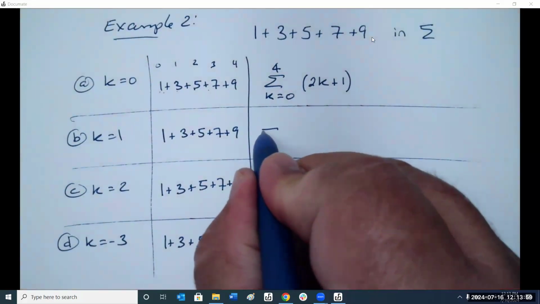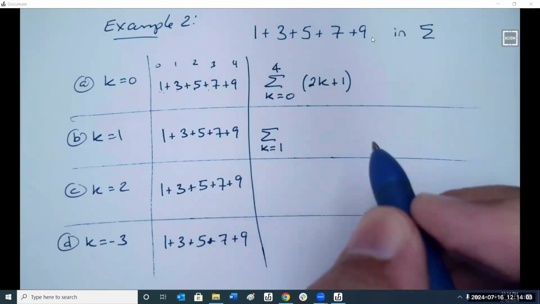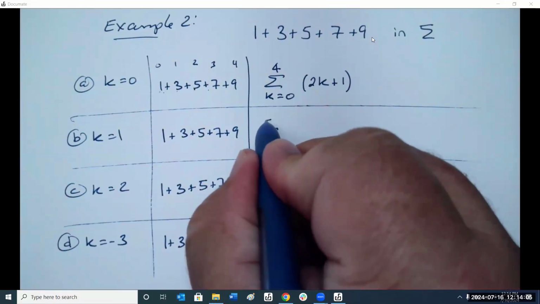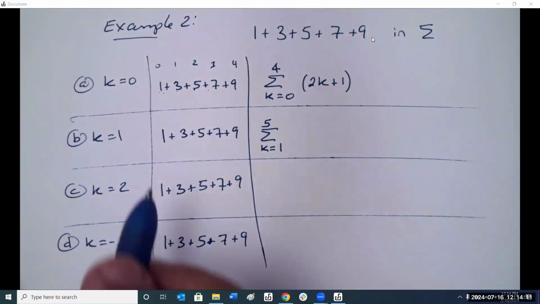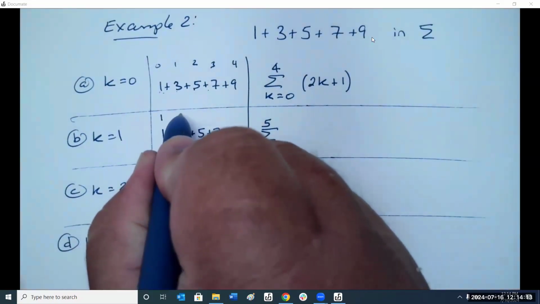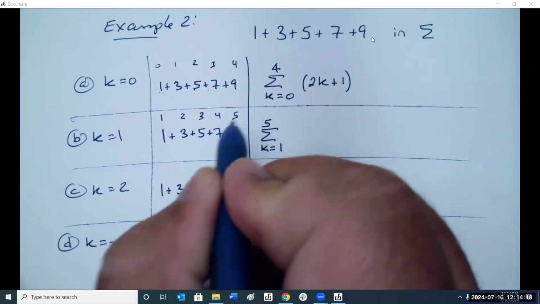Now we have to come up with another equation. When k starts at 1, it goes to 5. This is when k is 1, k is 2, 3, 4, 5.